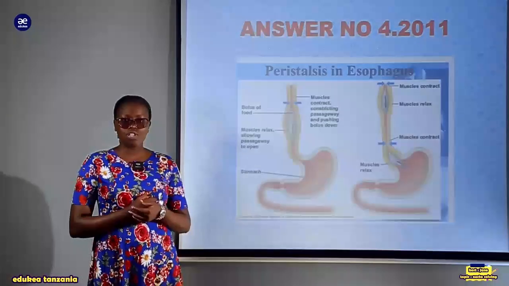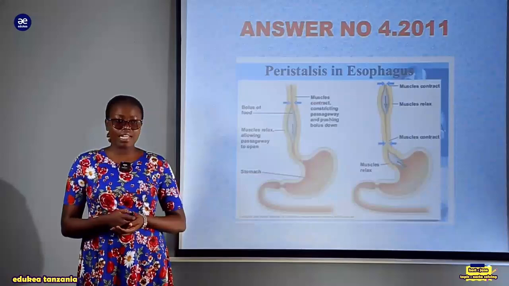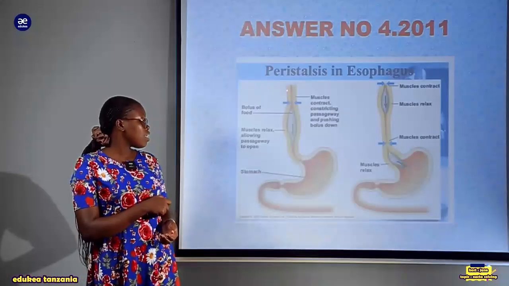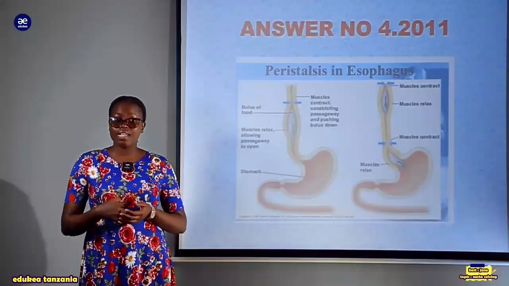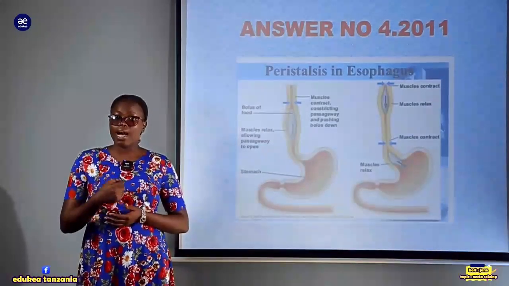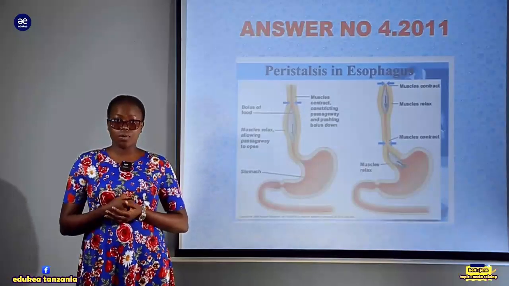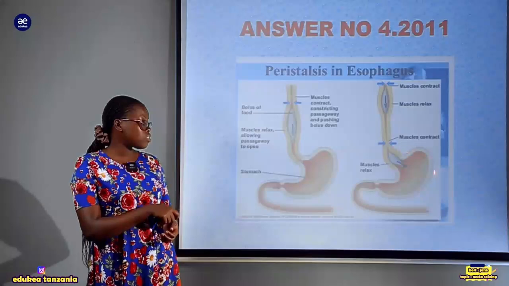And this is a diagram which shows what peristalsis looks like. Tunapozungumzia peristalsis ndio hivi. Unaona hapa chakula kinakuwa kina move. Peristalsis in the esophagus: kuna kuwepo na contraction and relaxation of the esophagus kuweza kuensure the passage of the food bolus across the alimentary canal to the stomach. Hii hapa ni esophagus na hii hapa ni stomach.